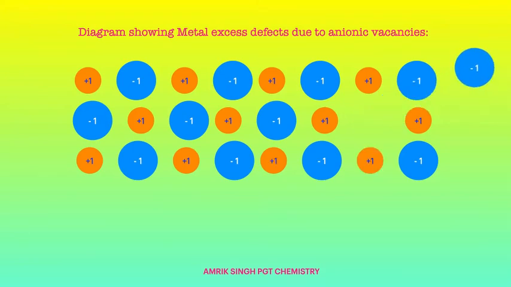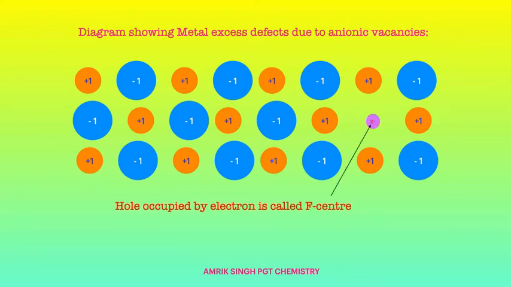Now, the anion leaves its position and its position is occupied by an electron, called an F-center. Therefore, it is a kind of metal excess defect in which an ion leaves the lattice site and its position is occupied by the electron, called an F-center, as shown in the diagram.